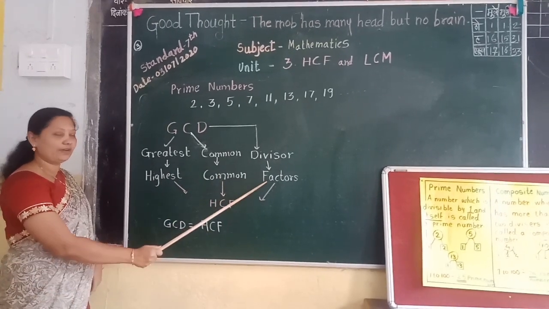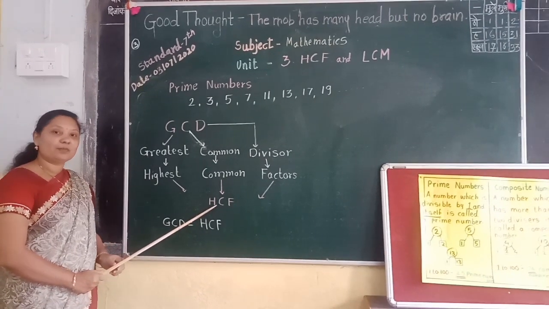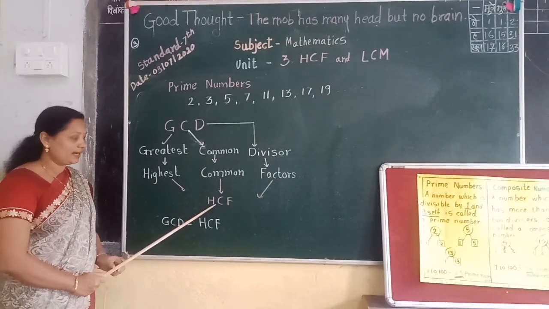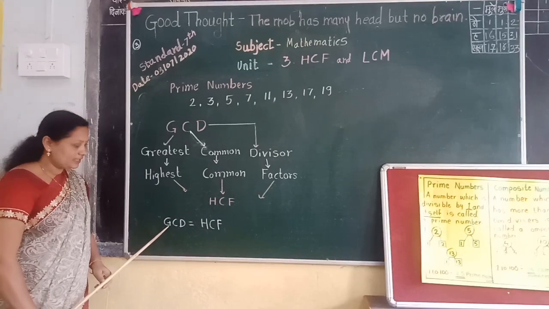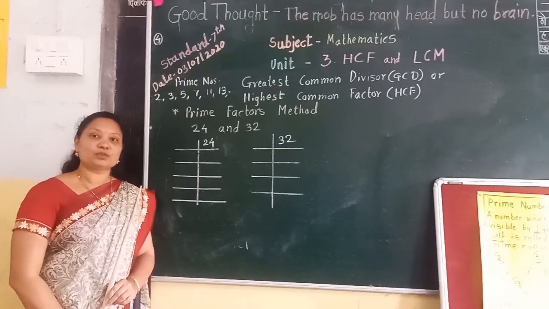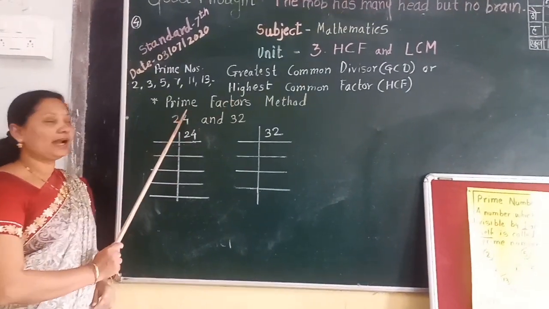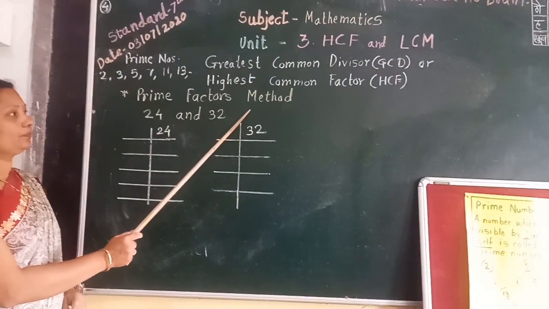Highest common factor, that is HCF. We have learned about HCF previously. That is, GCD is equal to HCF. Students, let us find HCF by the prime factors method.